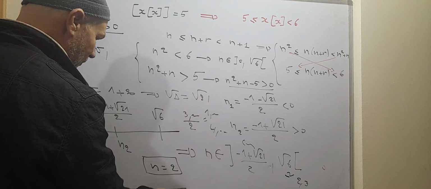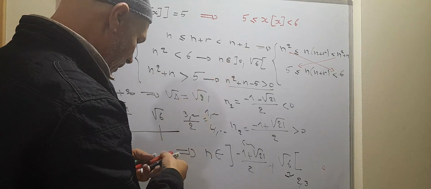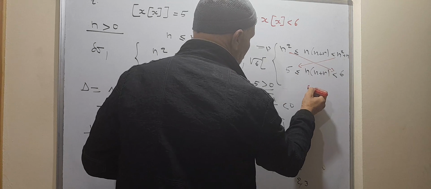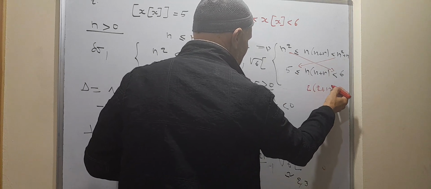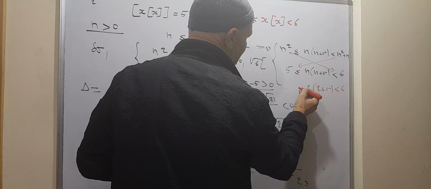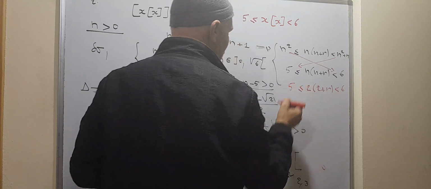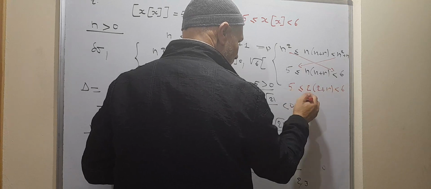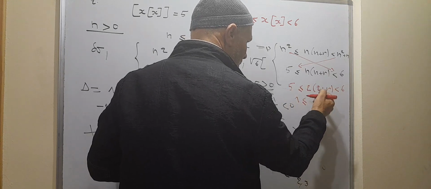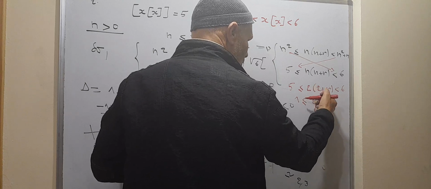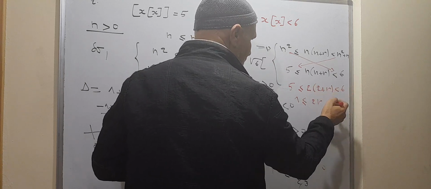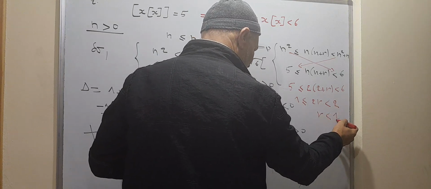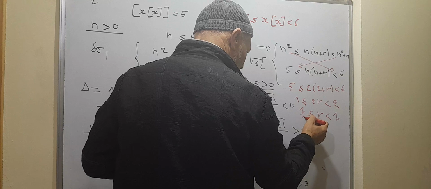So I will write it here, n equal to 2, so 2 times (2 plus r), strictly less than 6 and greater or equal to 5. 2 times 2 is 4, so subtracting 4 we get here just 1 less than or equal to 2r, and 2r less than 6 minus 4, which is equal to 2, so r is less than 1 and greater or equal to 1/2.